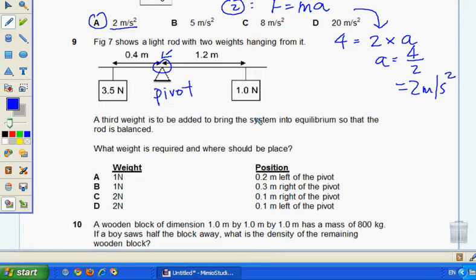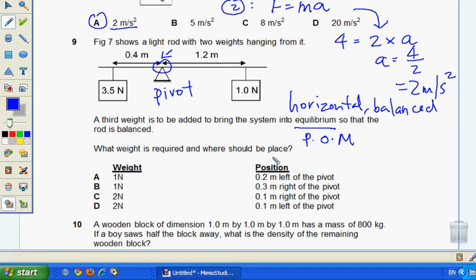The next keyword to notice is equilibrium. What do I mean by equilibrium? It means that when my rod is hung, it should remain totally horizontal, otherwise known as balanced. So when you analyze the diagram and look at the keywords, it's talking about when the principle of moments will hold true.